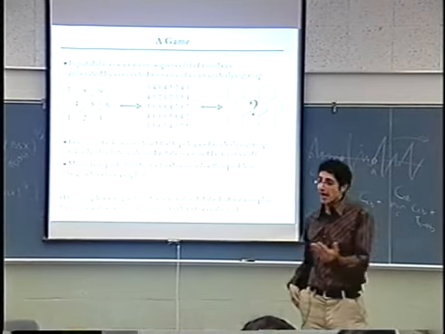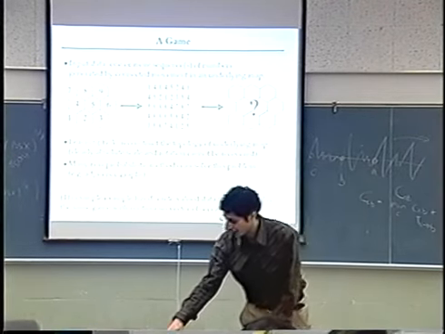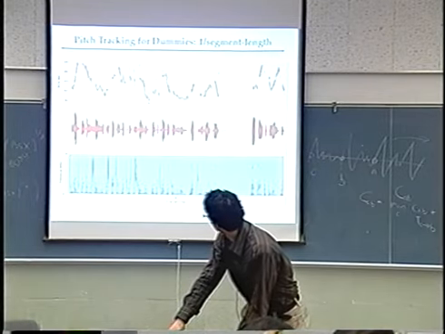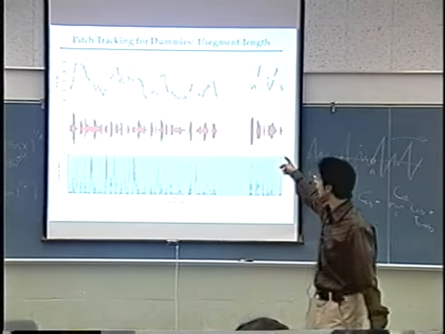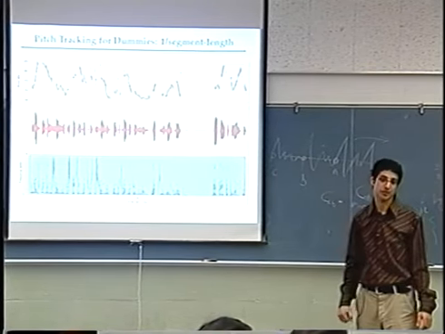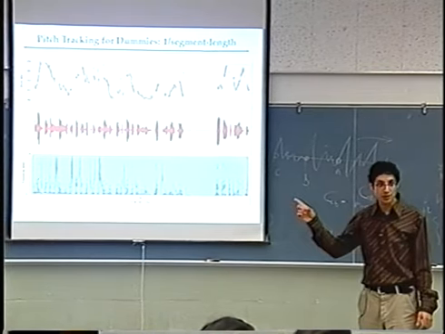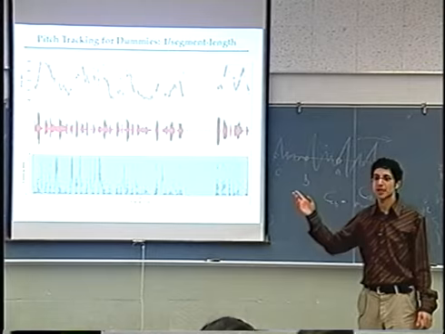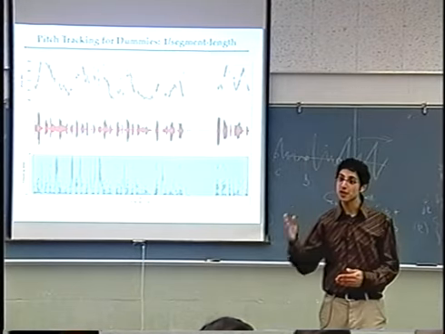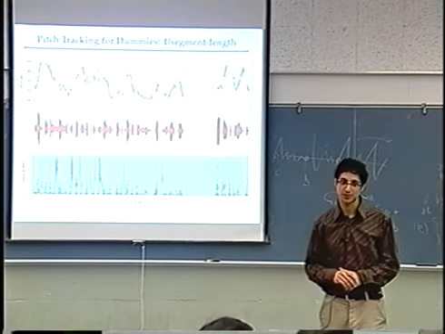The way to validate it, which I freely admit I haven't done, would be to make this plot for lots of data sets and lots of algorithms and show that your algorithm is competitive. But that's not the game I'm trying to play. I'm not trying to invent the world's best pitch tracking algorithm.